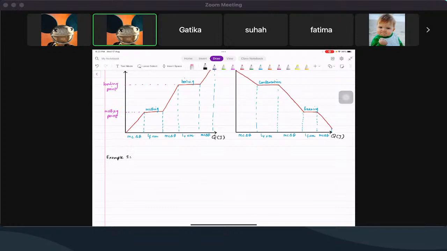In example 1, it says that given the specific heat capacity of iridium is 1298 joules per kg per Kelvin.